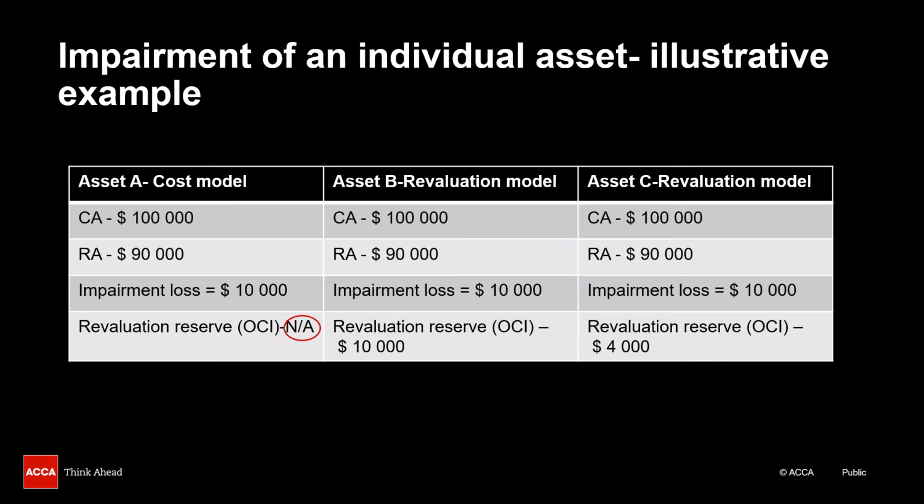Asset B is measured on the revaluation model and has a revaluation reserve which is equal to its impairment loss. Asset C is measured on the revaluation model as well, but its impairment loss exceeds the balance of its revaluation reserve.